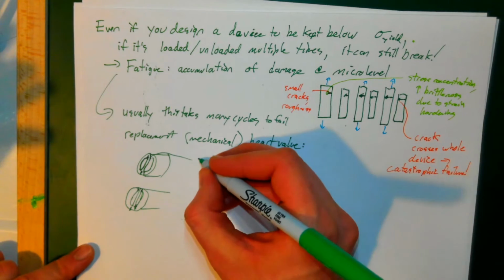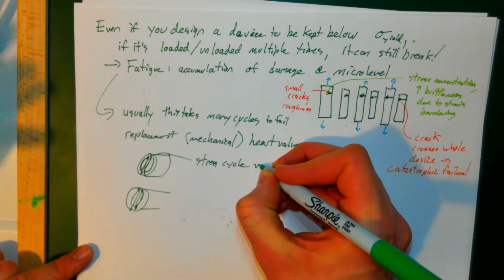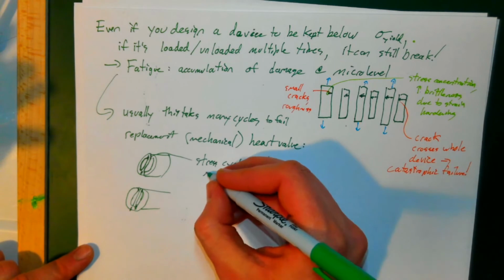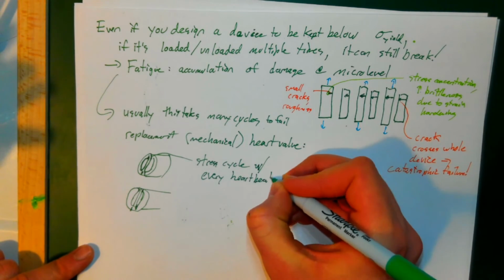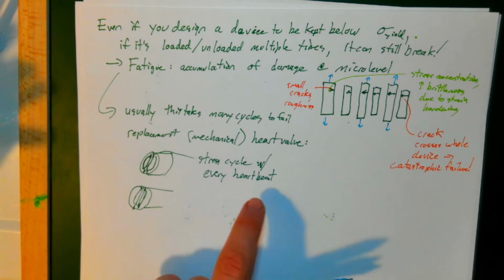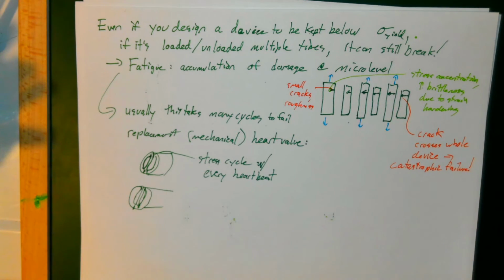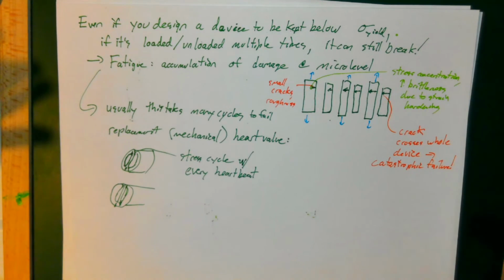So we get a stress cycle with every heartbeat. It's good to have a rough estimate of how many cycles we need this thing to survive in order to serve its bioengineering function.